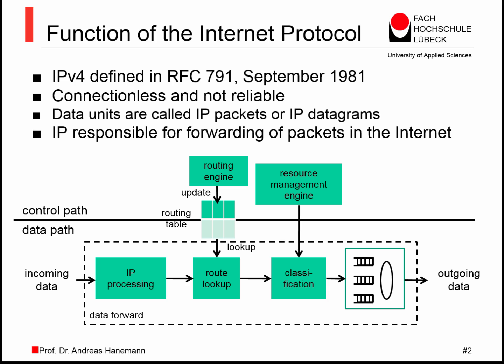At the end, we have 3 waiting queues here, where each waiting queue has a different priority. I'm assuming a strict prioritization of the waiting queues. If there is at least one packet in the highest priority queue, then packets from this queue are sent. Only if the queue is completely empty, then packets from the second queue are considered, and only if there are no packets in the first or second queue, then packets from the last queue are sent.